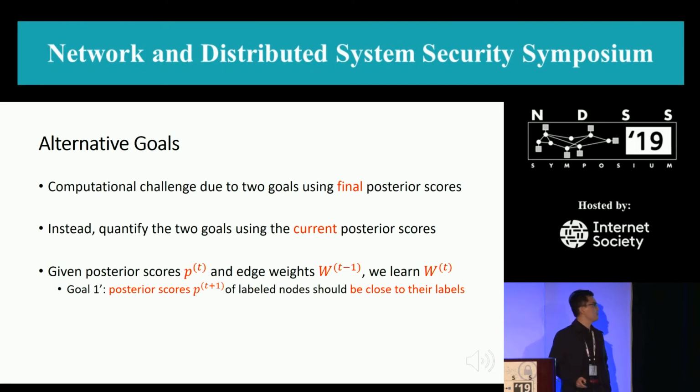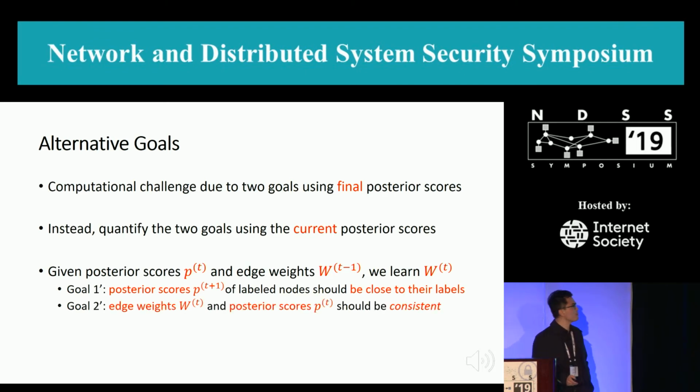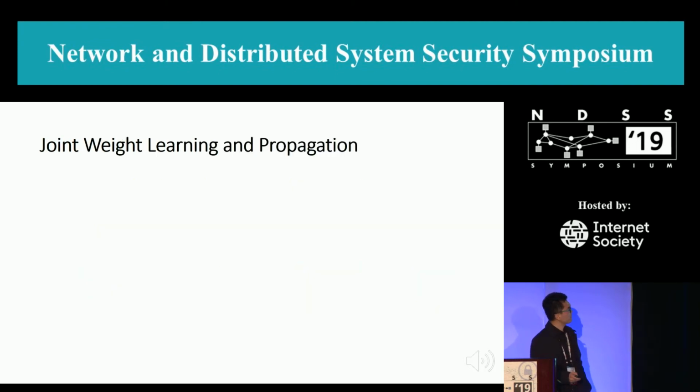Then we have an alternative goal 1 prime: the posterior scores in the (t+1)-th iteration of the labeled nodes should be close to the true labels. And goal 2 prime means that the edge weights in the t-th iteration and the posterior scores should be consistent. Why would we do that? We will see the advantage of this.